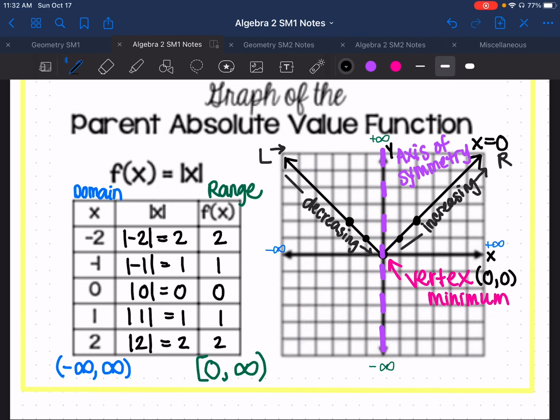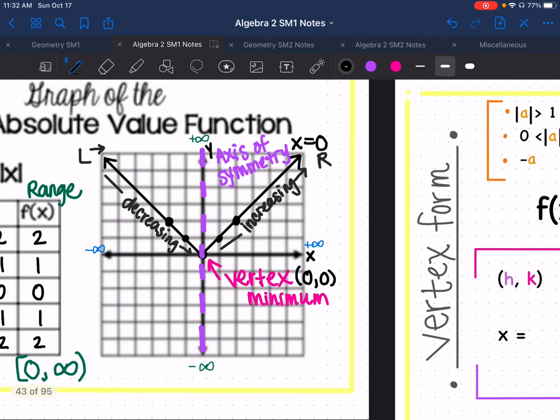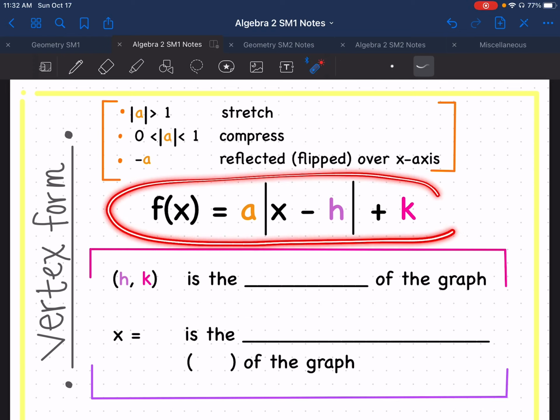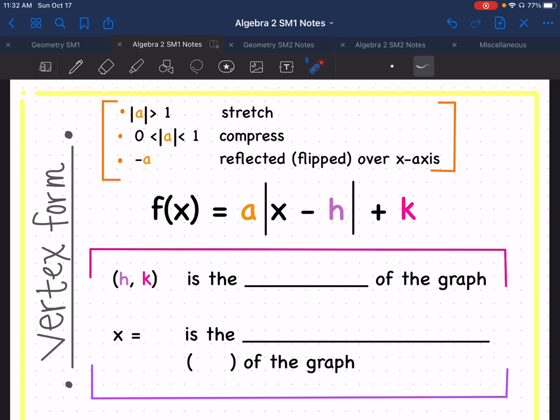Okay, let's go ahead and remind ourselves about vertex form. We've seen this before. This is the vertex form of an absolute value function. What these letters represent are my function and how it is transformed. So remember, f of x is your y.